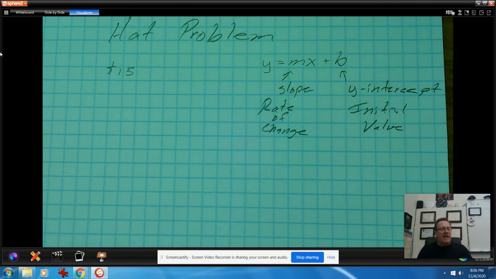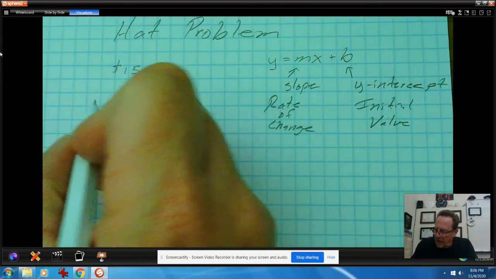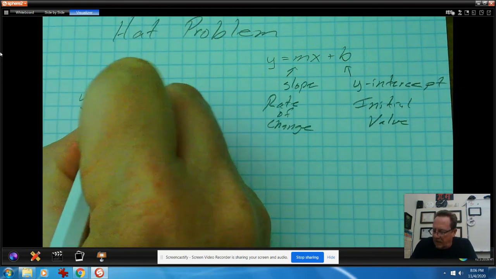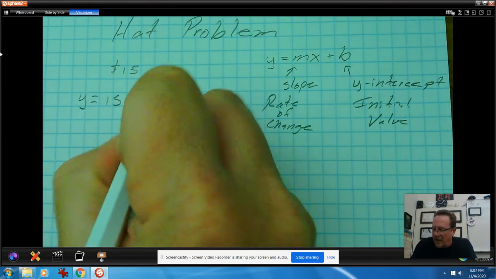So thinking about this and putting it into y equals mx plus b form, is there an initial value that I need to pay to get my hats made? The answer is no. They're not charging us any initial value. They're just telling us, hey, for each hat, we got to pay $15. Okay. I can write my equation as just y equals 15x plus nothing.